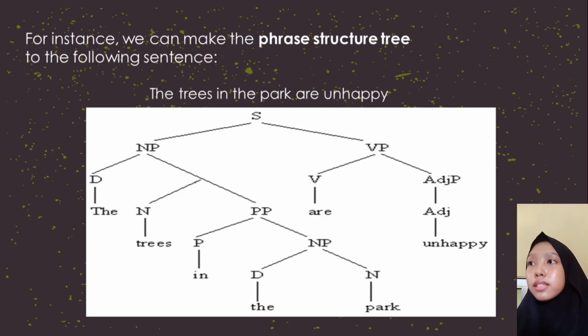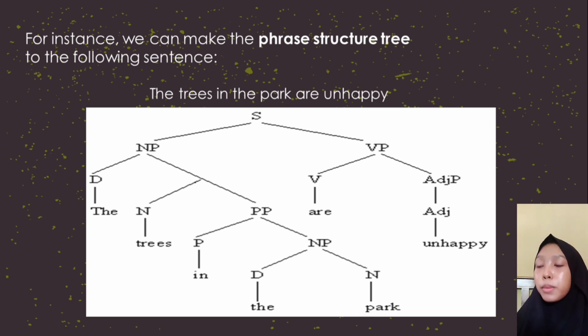Next, for instance, we can make the phrase structure tree of the following sentence: the trees in the park are unhappy. Sentence: NP, VP. NP: DET the, and N trees.